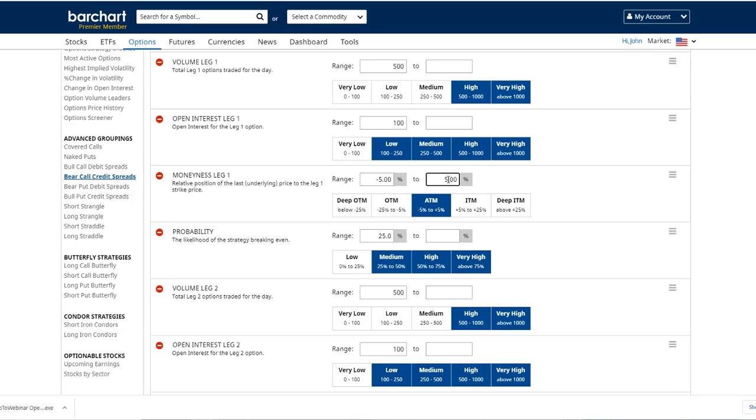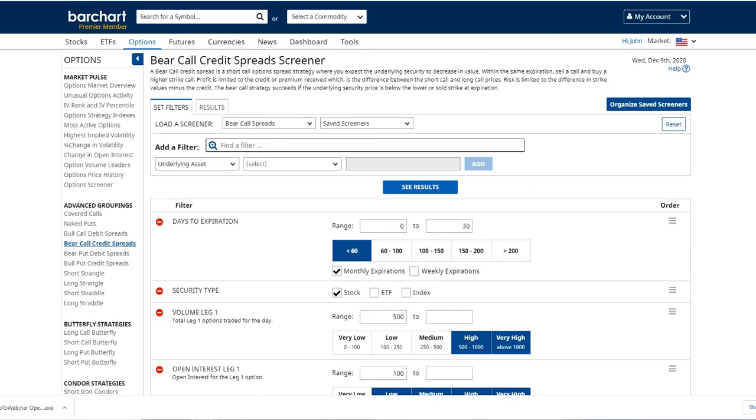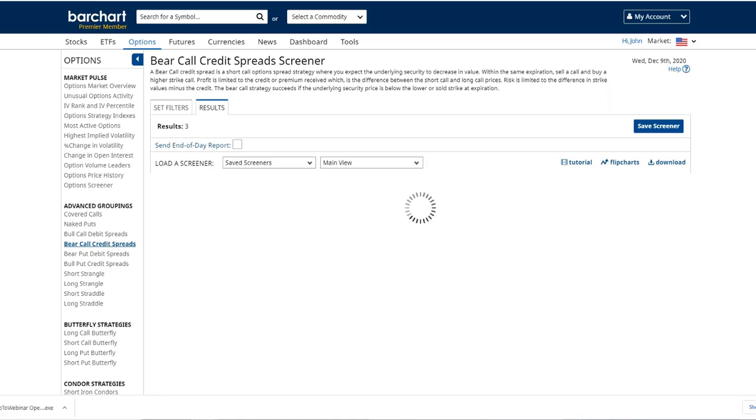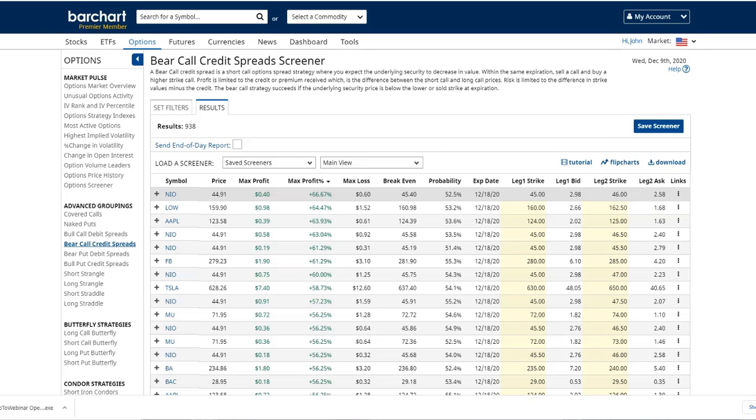So we could change that to 0. That would represent closer to current price, and make those 2 small minor changes. And again, now I'll check my results. 2,000, and it's probably going to give me somewhere around 300 to 500. Let's see what it shows up. Oh, it's only 1,930. So there's a lot more trades out there for us to look at.